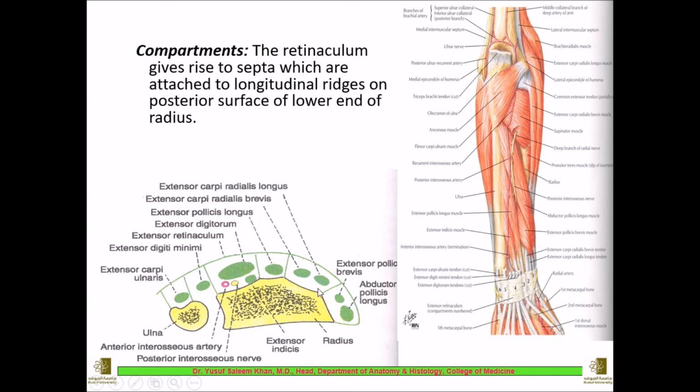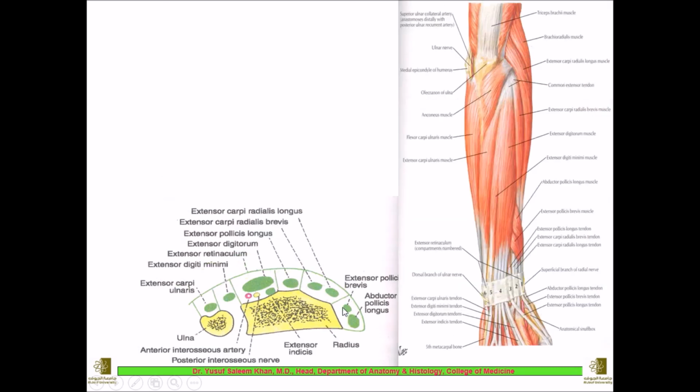The retinaculum gives rise to septa which are attached to the longitudinal ridges of the posterior surface of the lower end of the radius, and this in turn gives rise to 6 osteofascial compartments. If you can see here, slips are coming from the extensor retinaculum and getting inserted to the distal part of the radius, and this turns the whole region into compartments. There are 6 osteofascial compartments.